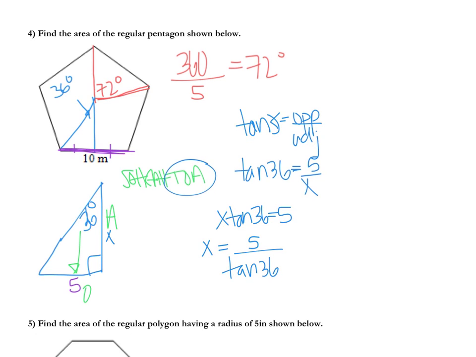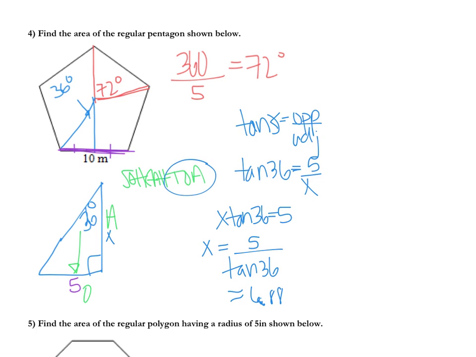When doing these types of problems, your answers are not going to be exact because of the trig, so you're going to have to use the decimal form. Take 5 divided by the tangent of 36, and you should get approximately 6.88.